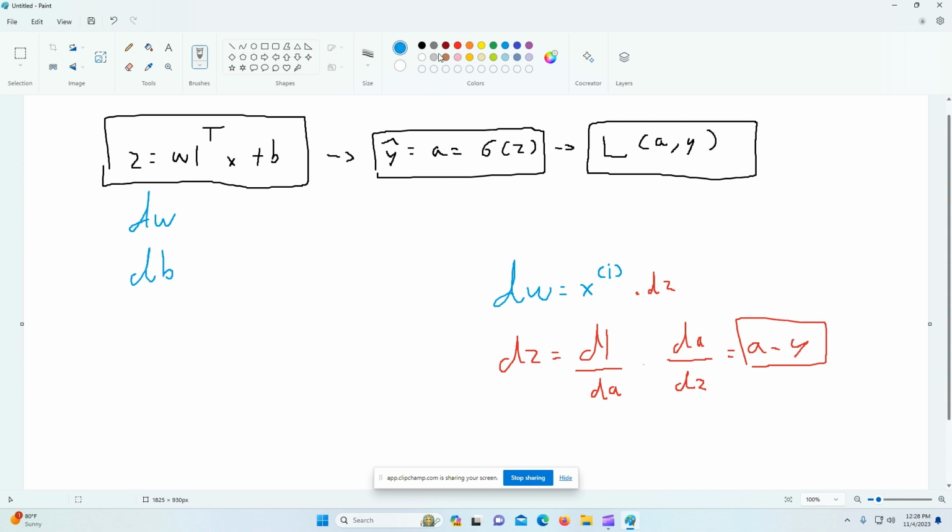And the derivative of b is actually just the derivative of z. It's every single derivative of z, obviously, so it's going to be the derivative of zi.